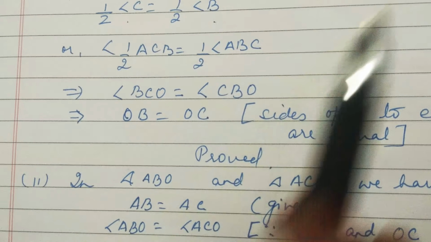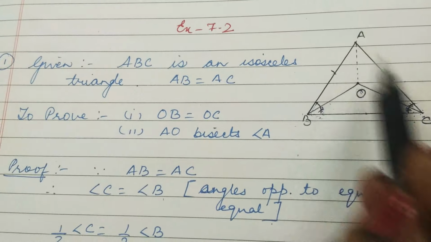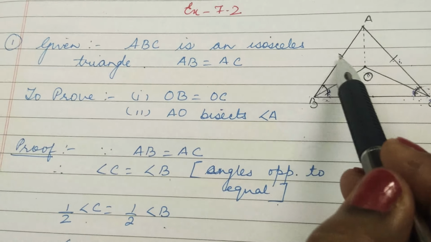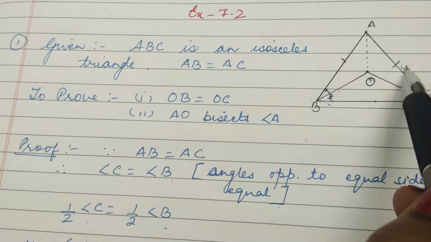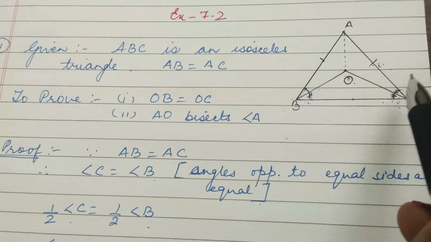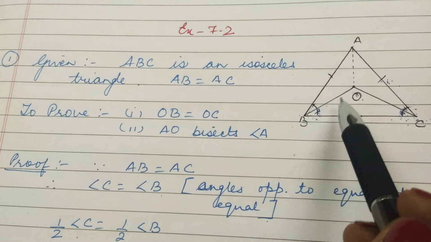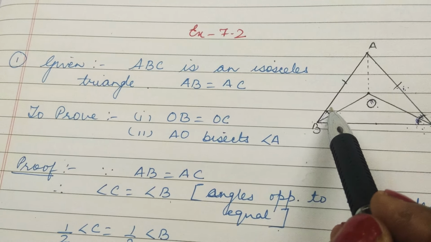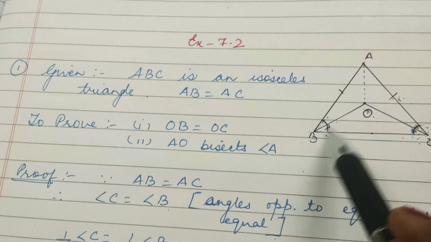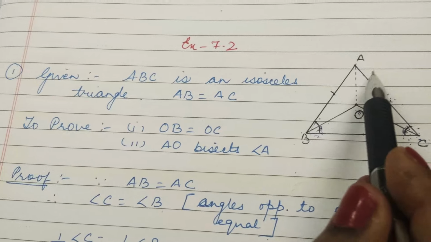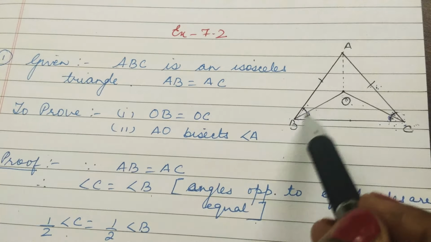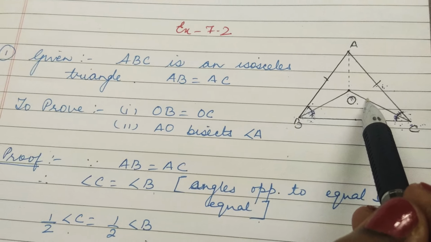Now we take triangle ABO and triangle ACO. AB equals AC, given. Angle ABO equals angle ACO, as we have just found that angle B equals angle C, so half angle B equals half angle C. Angle ABO is half of angle B, and angle ACO is half of angle C. And OB equals OC, which we have just proved in the first part.